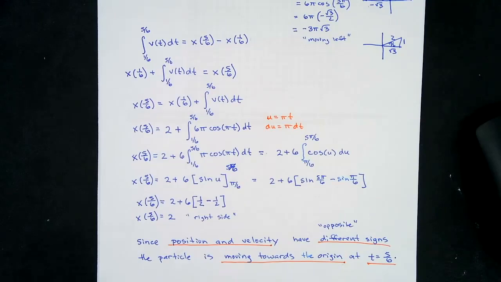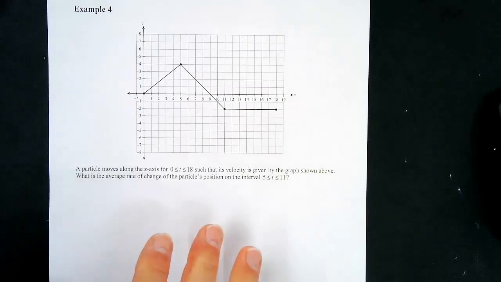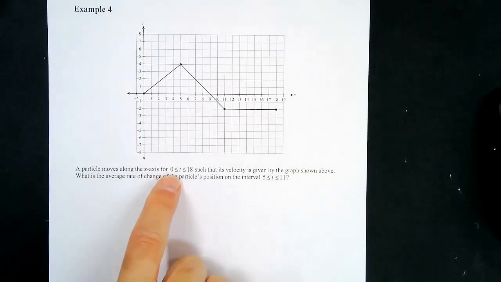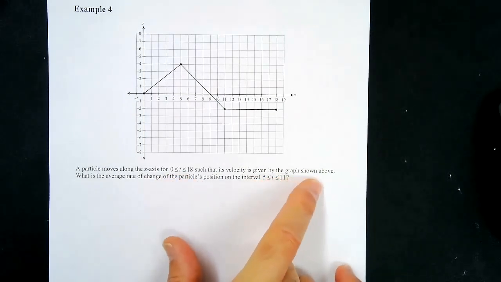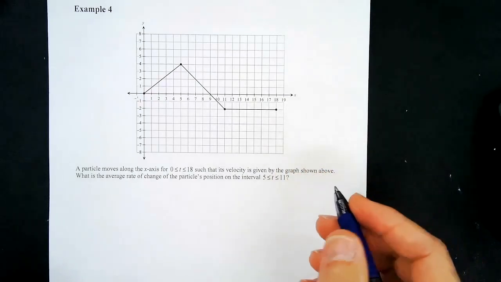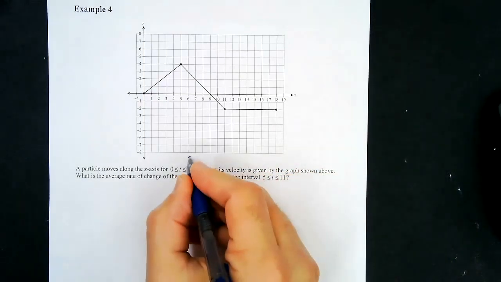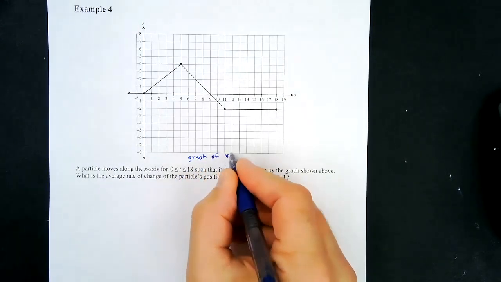All right, let's do another example. For this next example, we have a particle that's, again, moving along the x-axis for 0 less than or equal to t, less than or equal to 18, such that its velocity is given by the graph shown above. So what we're looking at is the velocity graph, a graph of v of t.